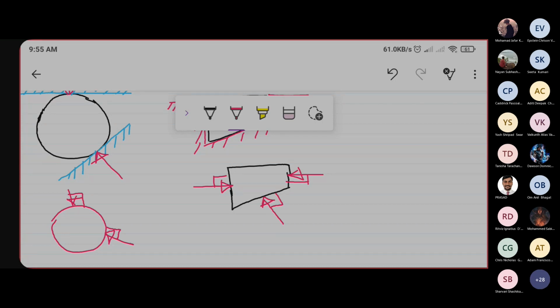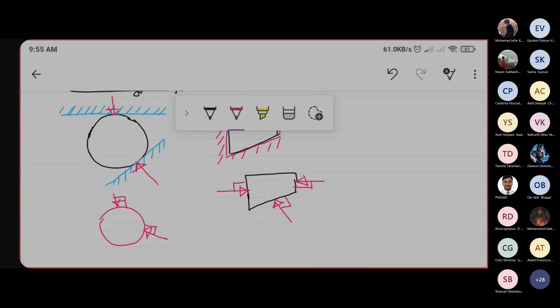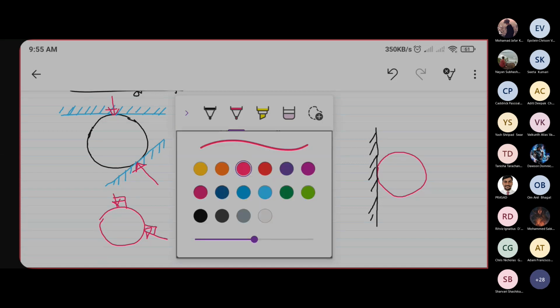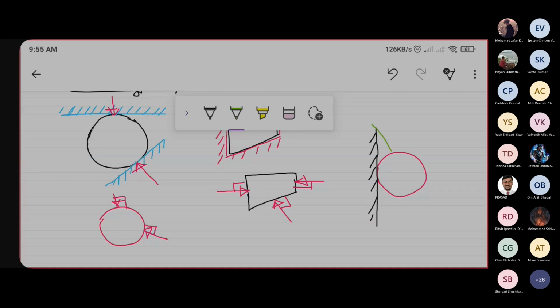You can draw free body diagram of bond. Okay, so you can draw this free body diagram during that time.